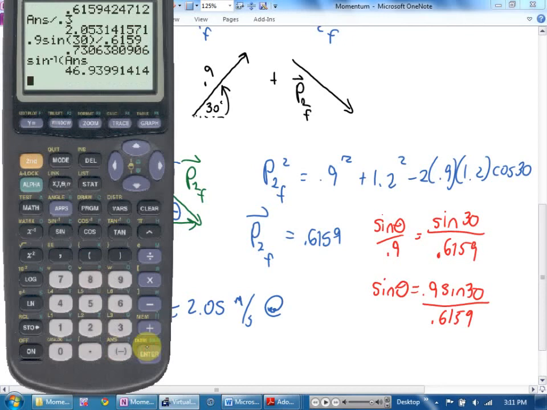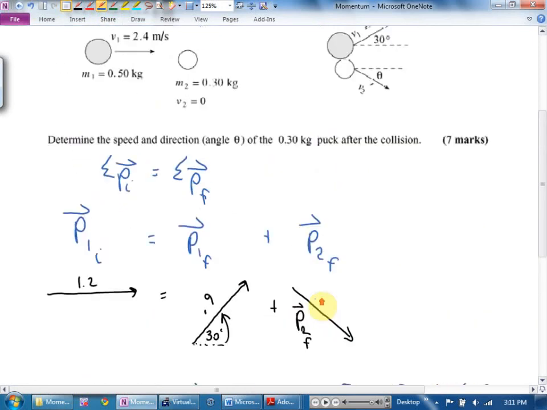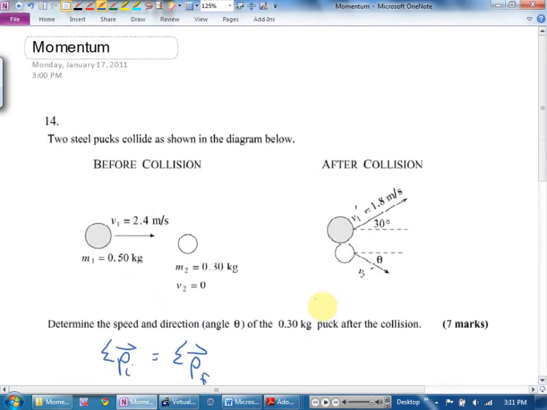So our inverse will work. We're only finding one answer anyways. 47 degrees. You could either say below the horizontal. I would probably go with north, east, south, and west, and I would call it south of east.